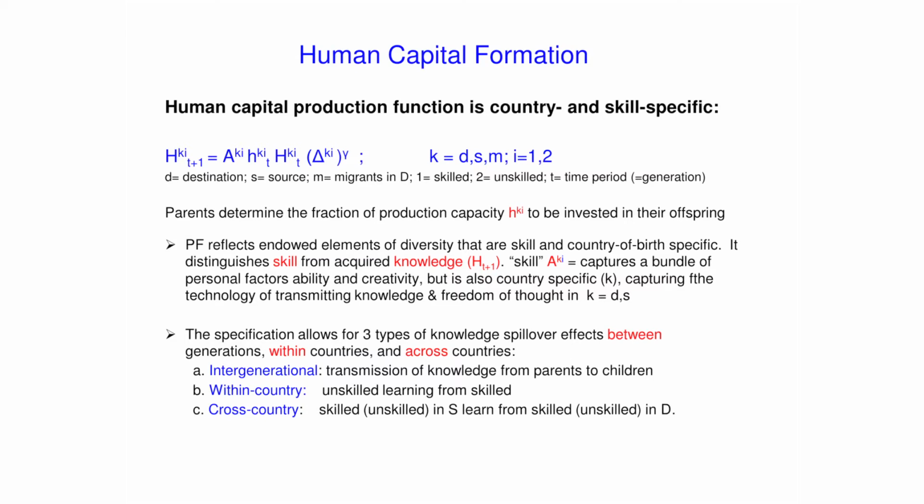But also it'll capture the technology of transmitting knowledge, which varies across countries. And that's the variation, that's the diversity that we model explicitly in the model. So the two together are critical elements of the model that we produce.